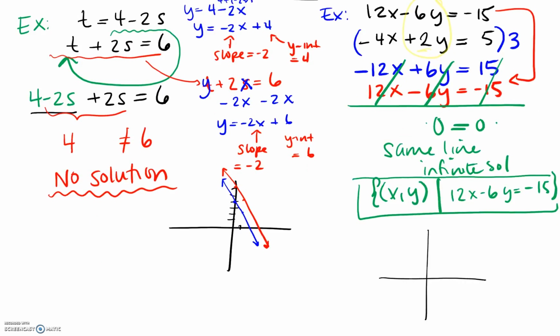Ugh, part of me does not want to graph. We would have, let's do the first one, negative 12x minus 6y is equal to negative 15. Bad things are going to happen to us with graphing this, but I'll do it. In fact, you know what?